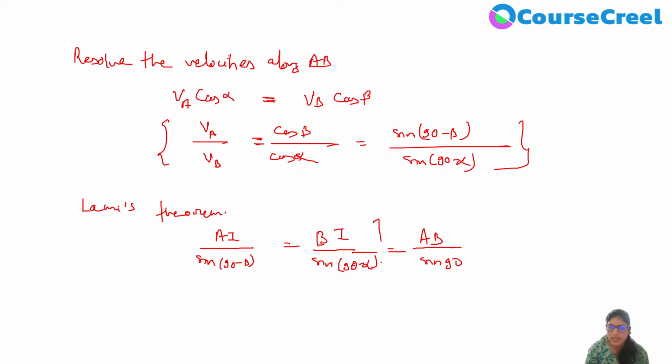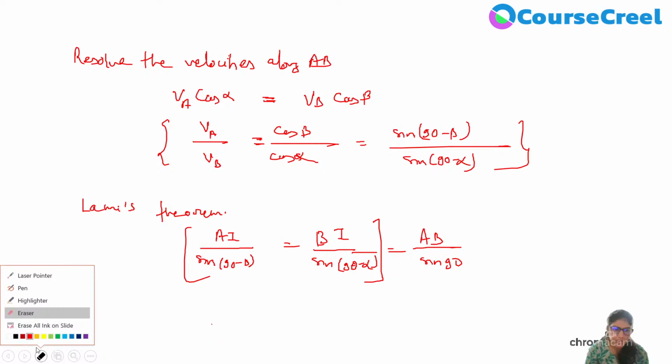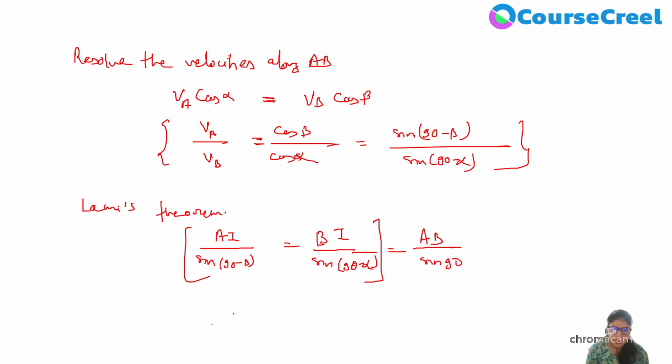Here we are considering only two terms. Let's write AI by BI. AI by BI equals sine of 90 minus beta divided by sine of 90 minus alpha.